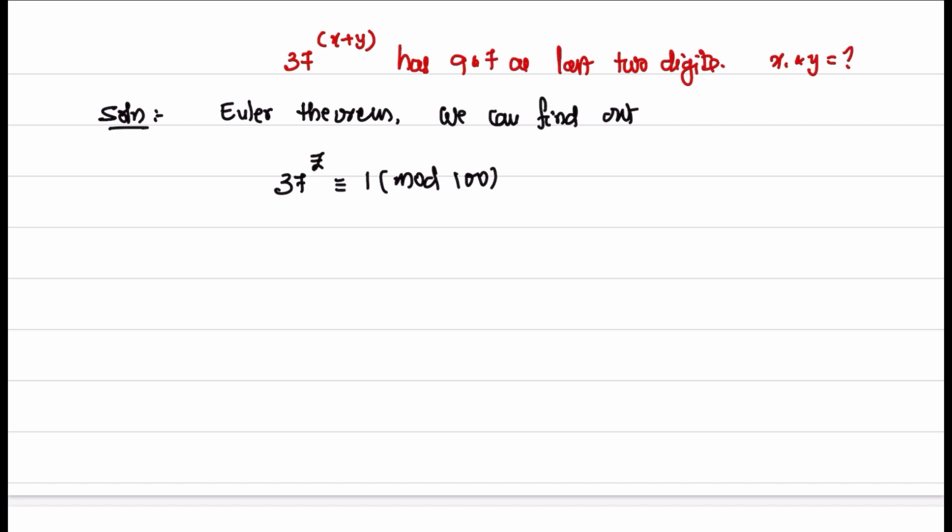Because two digits means we have to work modulo 100. Here 1 is the remainder, and 100 is the divisor.